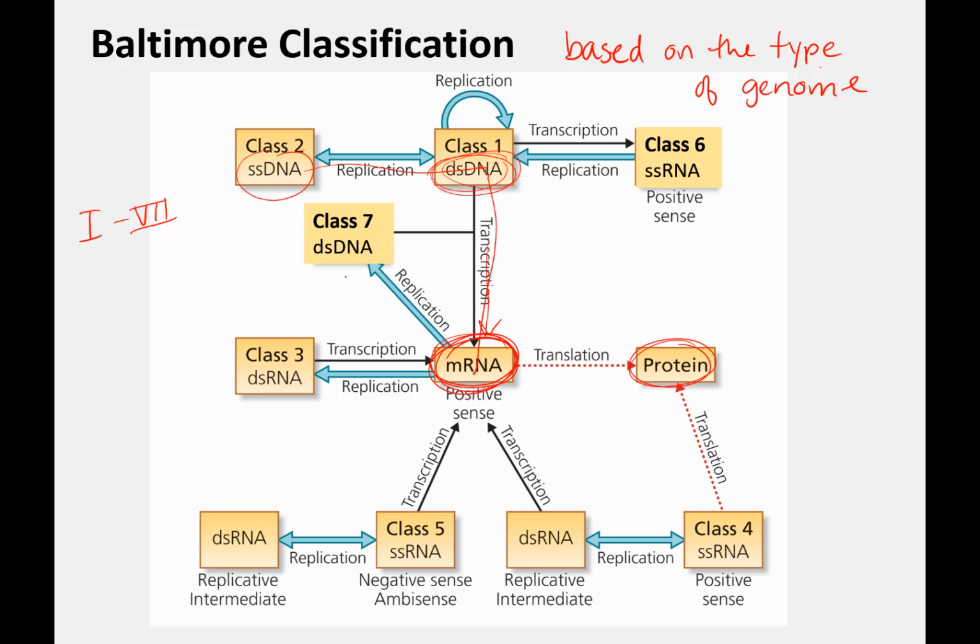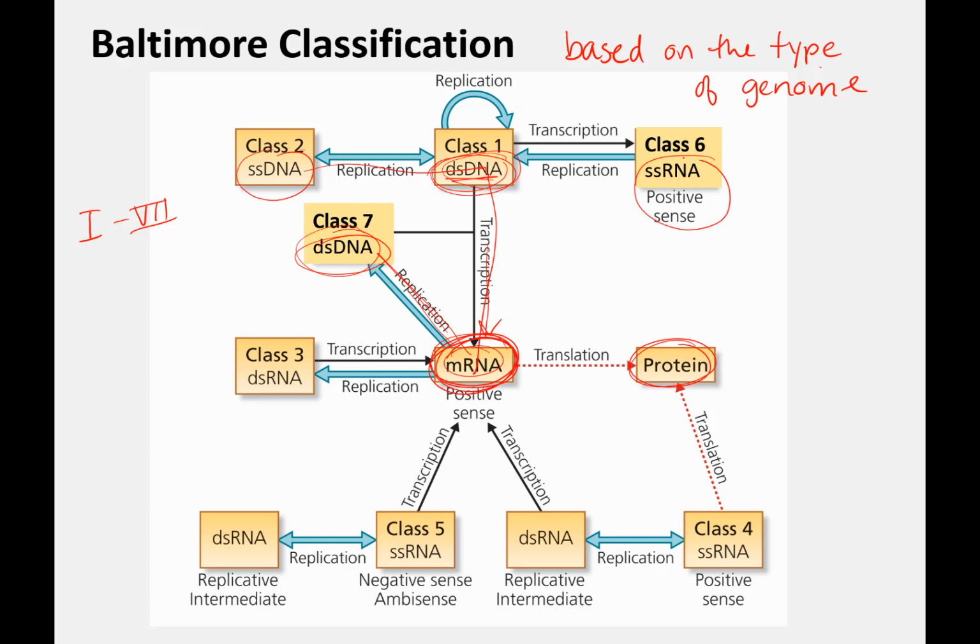And we have some double-stranded DNA viruses that are a little different because they go through this mRNA back to double-stranded DNA replication. So these have some reverse transcription capabilities.